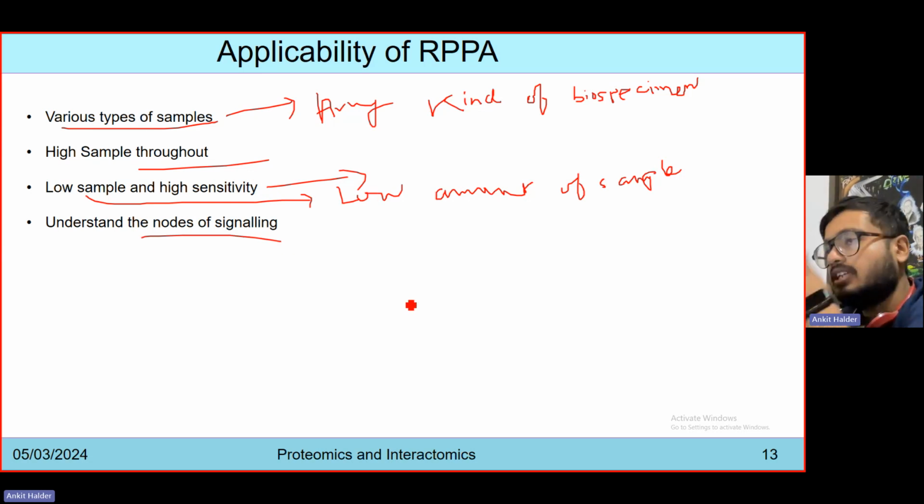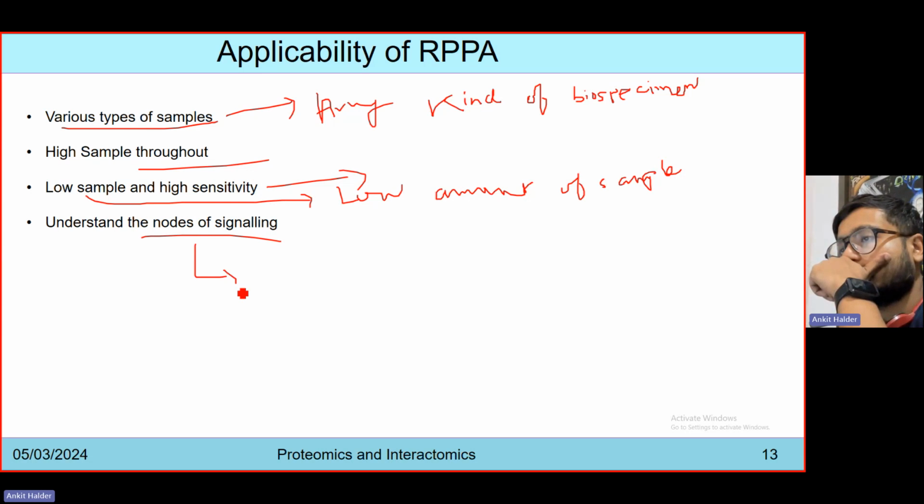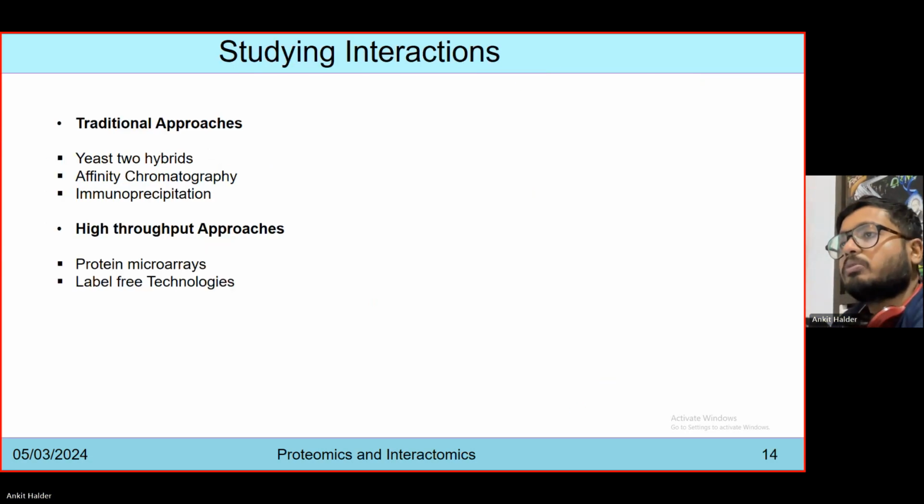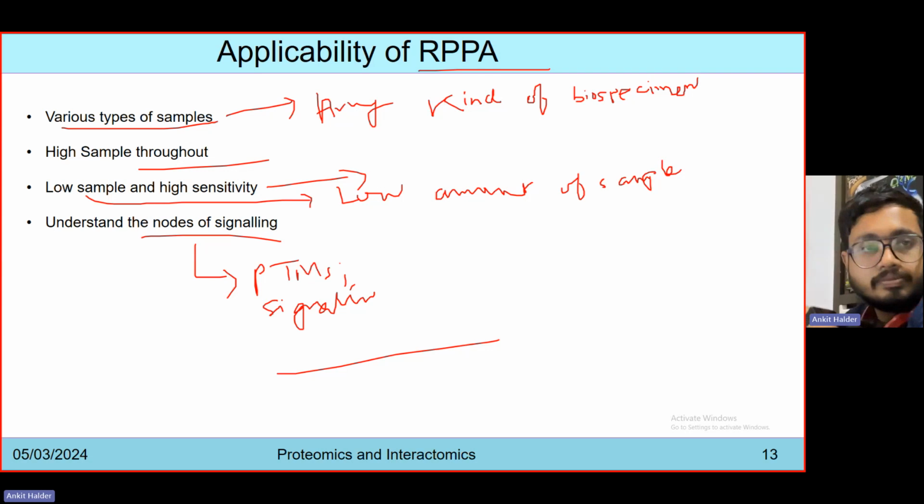The nodes of the signaling, the PTMs and the signaling networks, you can understand easily. Okay, so this is for the RPPA, or the reverse phase protein arrays. Hopefully you don't have any confusion.